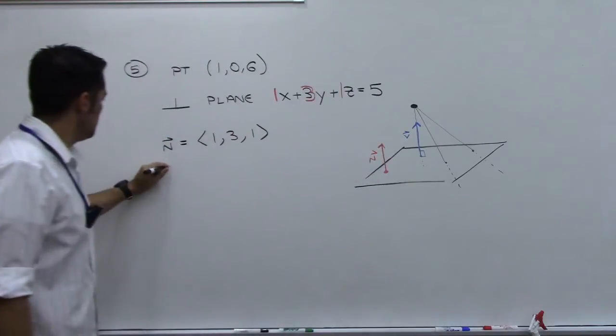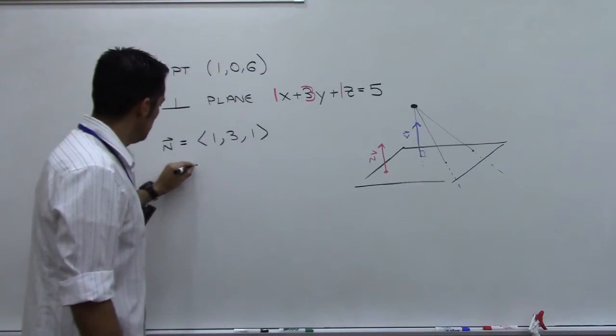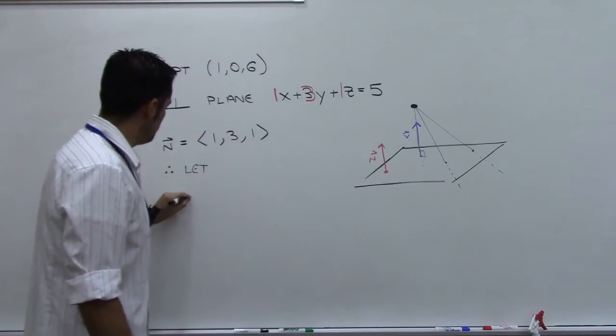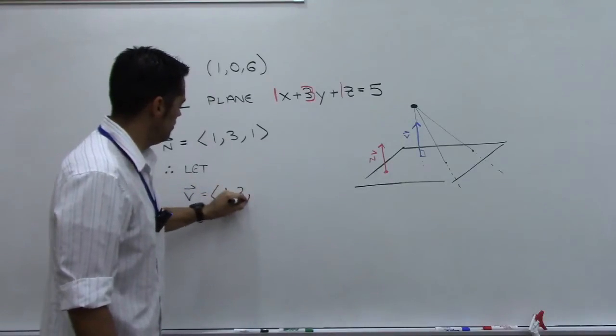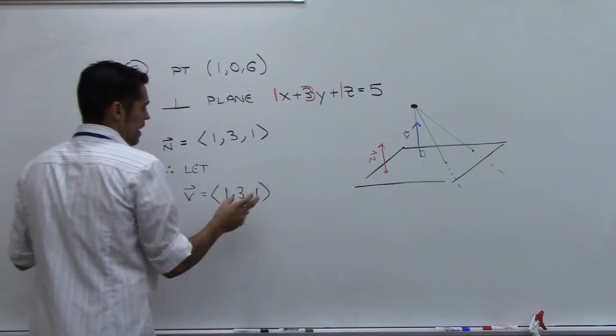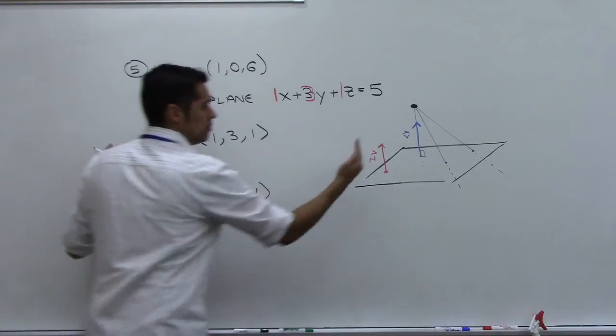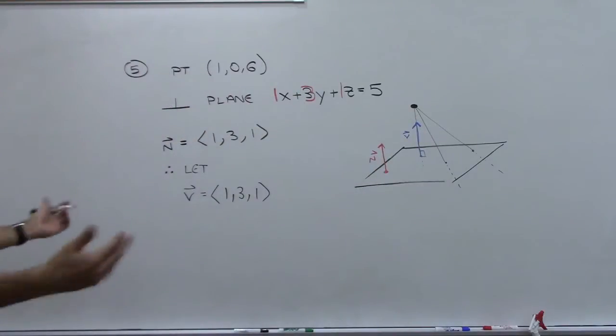And therefore, I'm going to let my direction vector be the same vector, the direction vector of my line. That way I'm running parallel to the normal, which is also perpendicular to the plane. So that should be all I need.